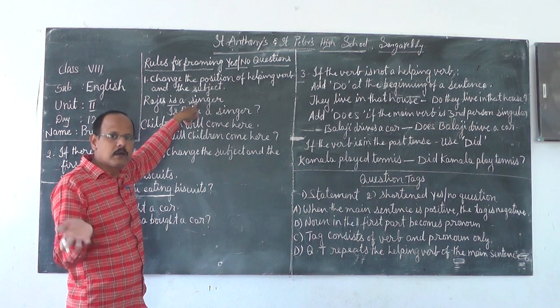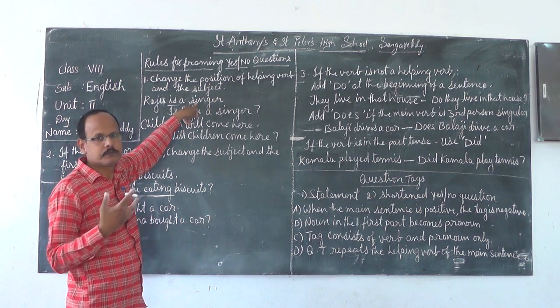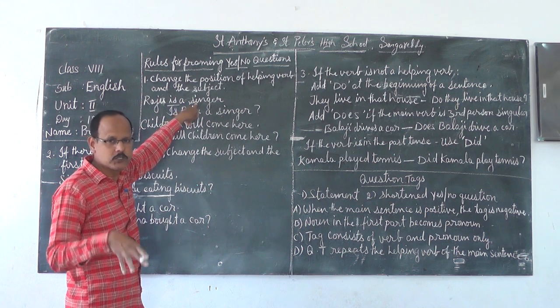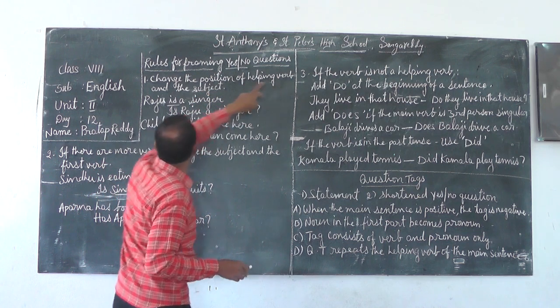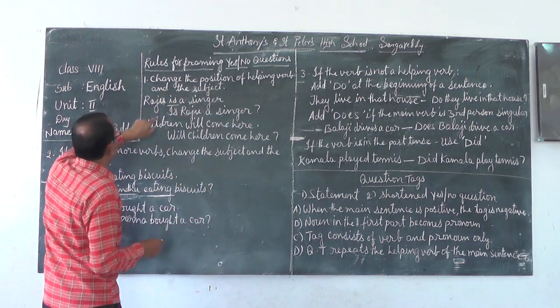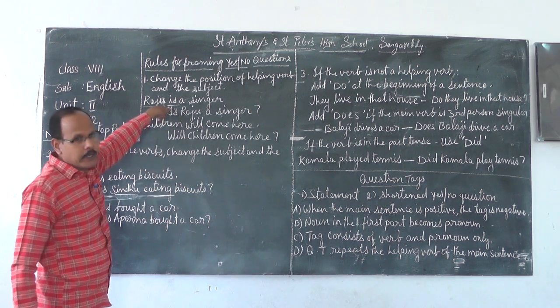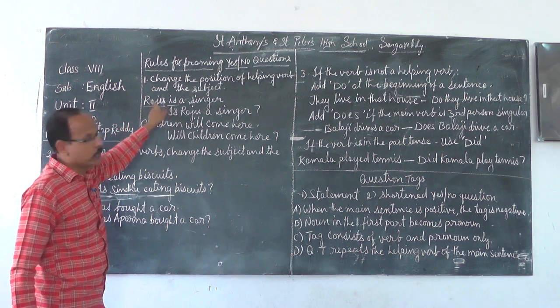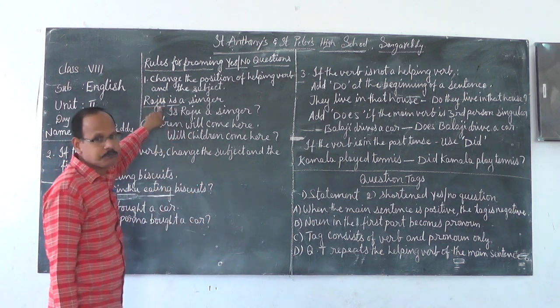And to know whether Raju is a singer or not, we have to ask a question. Frame a question. So the rule is change the position of the helping verb and the subject. Raju is the subject and is the helping verb. These two positions you have to change. Interchange the position.